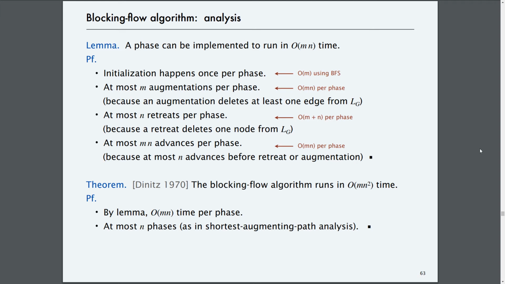And then we have at most n retreats per phase, since we can at most delete every single node in the graph, and at most m times n advances per phase. So this algorithm runs in O of m times n squared time. You see, it's a bit better than what we had before, because the number of edges is usually going to be larger than the number of nodes.